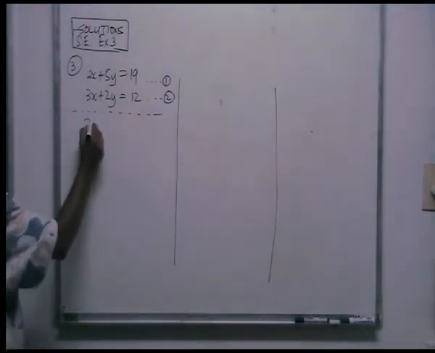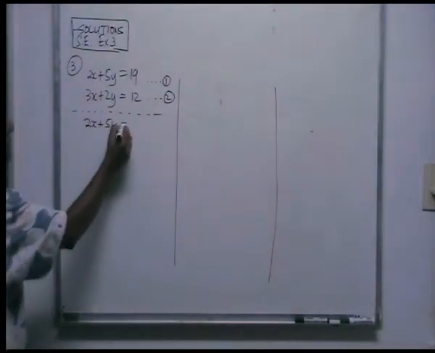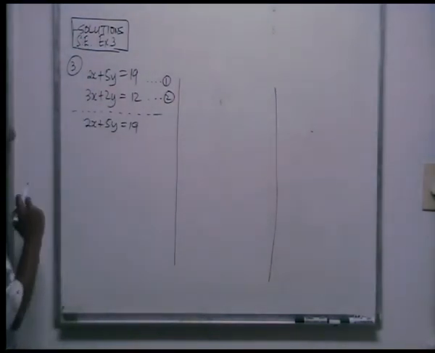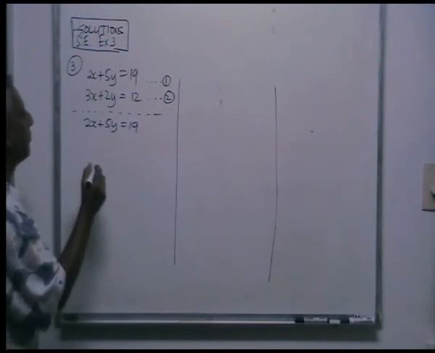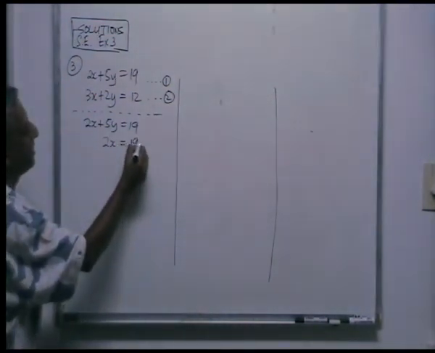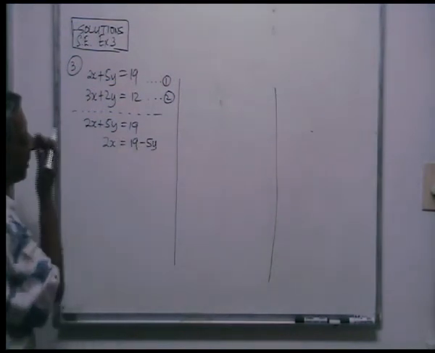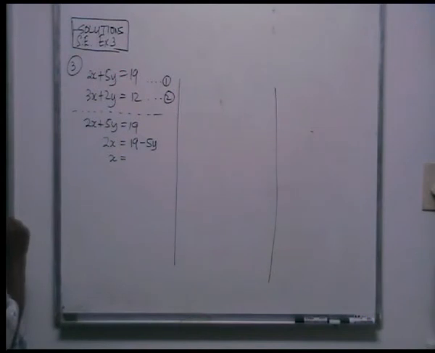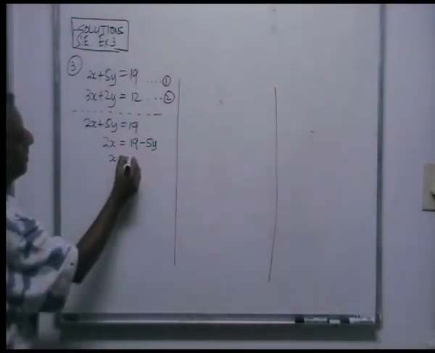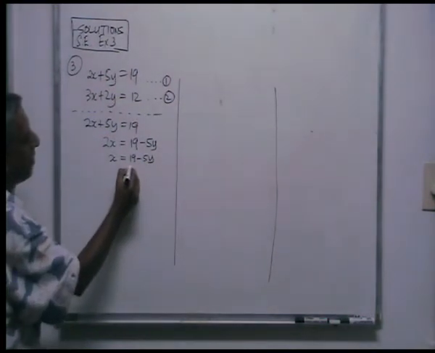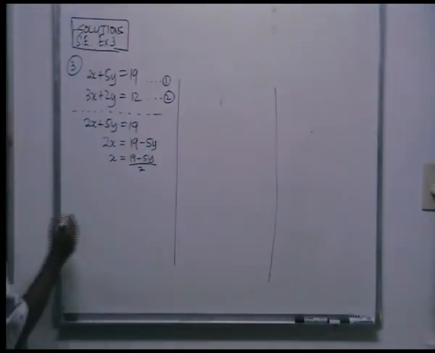So I'll take number 1 and write it down. And now I'm going to make x the subject of the formula. Or, in other words, I'm going to solve for x. So I've got 2x is equal to 19 minus 5y. Then x is equal to 19 minus 5y, all divided by 2.